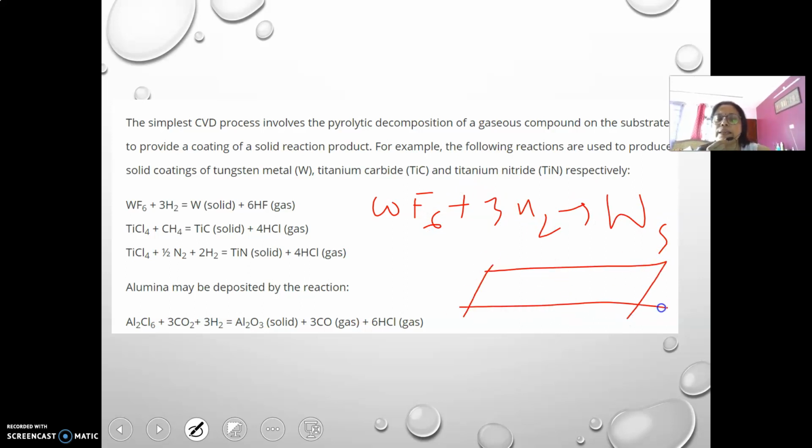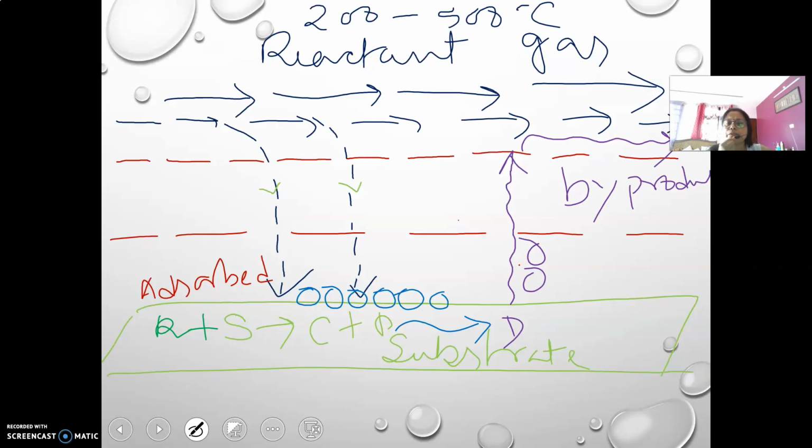Suppose this is the tungsten surface where we want to deposit titanium carbide. In the process, as shown in the figure, this may be the tungsten surface, and there we may also have some direct reaction with titanium salts to produce titanium carbide or titanium nitride, so that they can ultimately be deposited on the hard surface.